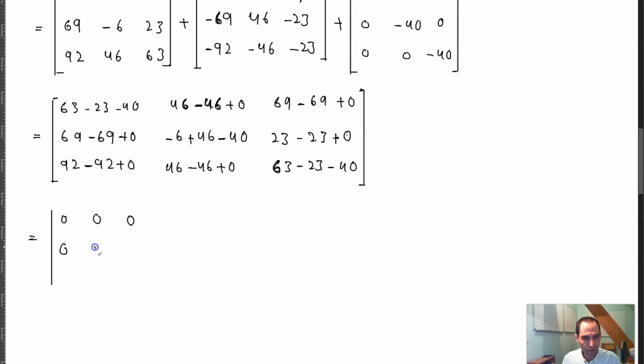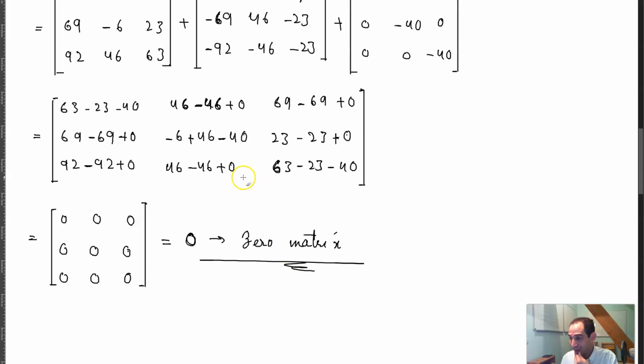Negative 46 plus 46 is 0. 23 minus 23 is 0. 92 minus 92 is 0. 0, and negative 63 plus 63 is equal to 0, which is actually equal to the 0 matrix O. That is the 0 matrix.